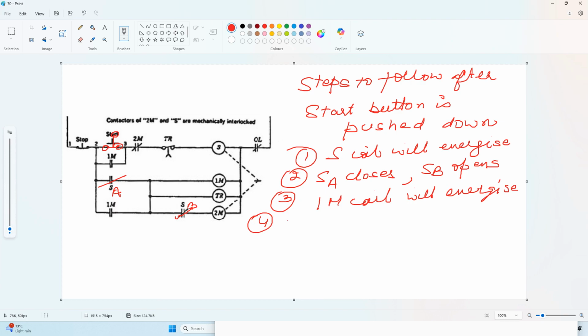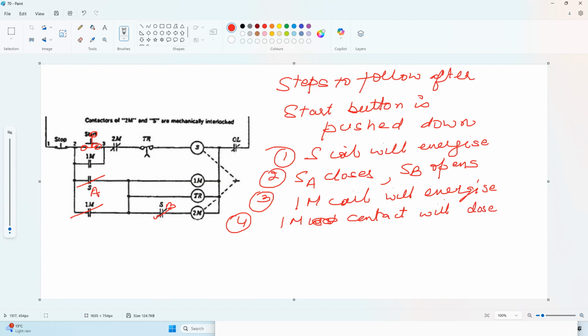When 1M coil energizes, 1M contact will close. 1M and TR are in parallel. So TR coil will energize.